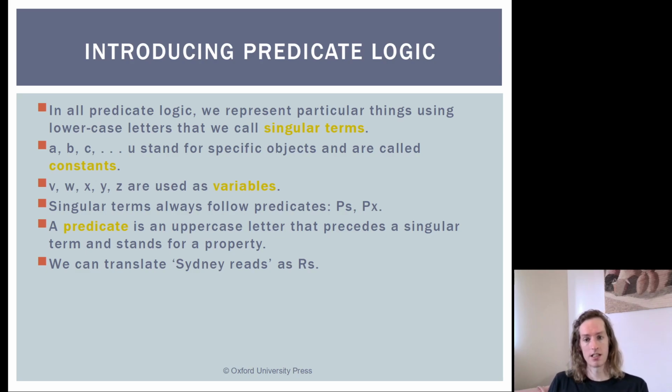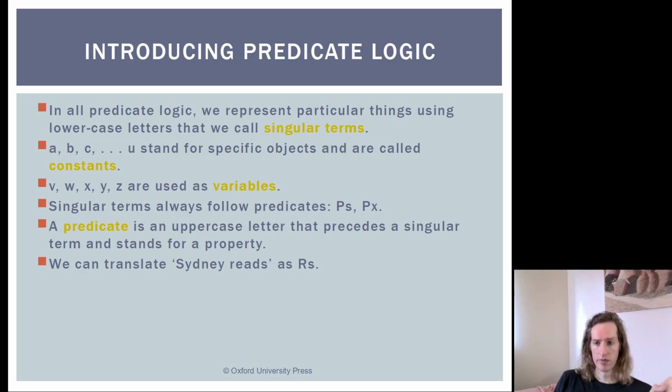It just means something. That'll make more sense later, I hope. I'll explain that in further slides, but that's sort of a preview. There is an important difference between constants and variables. Constants, we're going to use the first several letters of the alphabet, A, B, C up to U. Anything up to U we'll treat as a constant. V, W, X, Y, and Z are going to be variables.